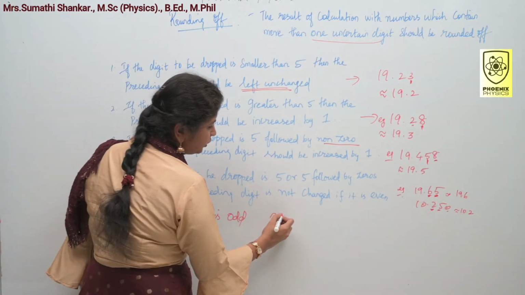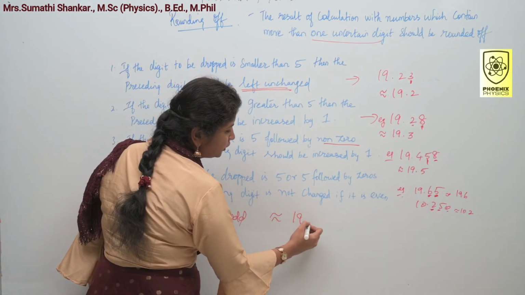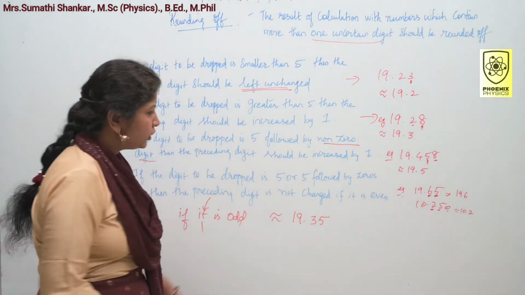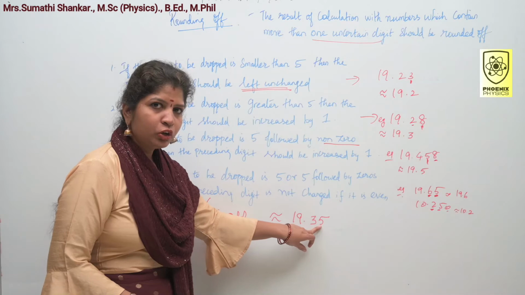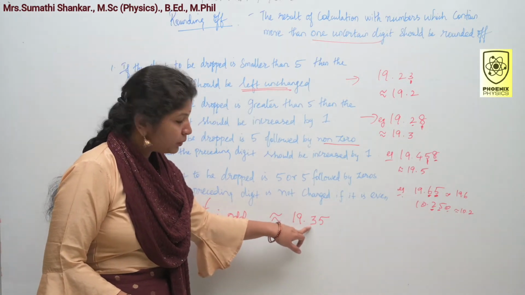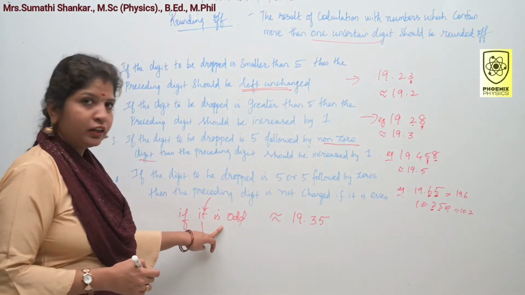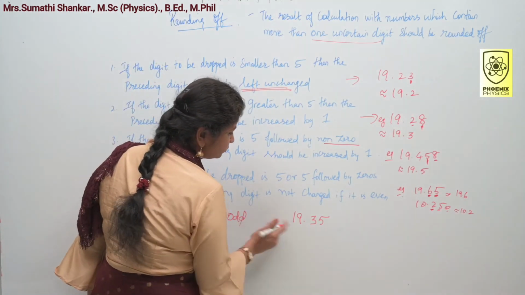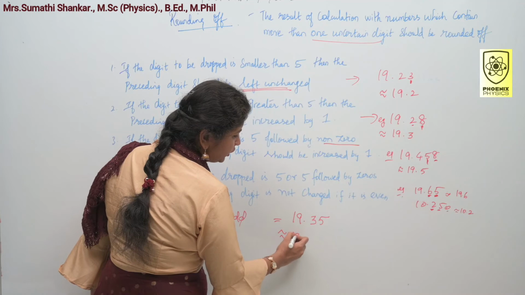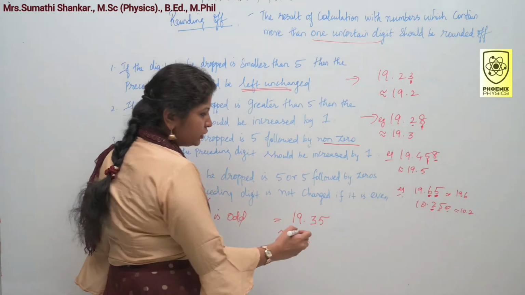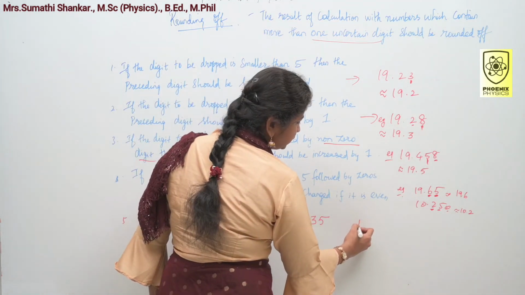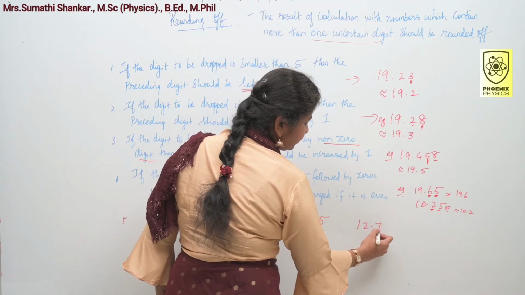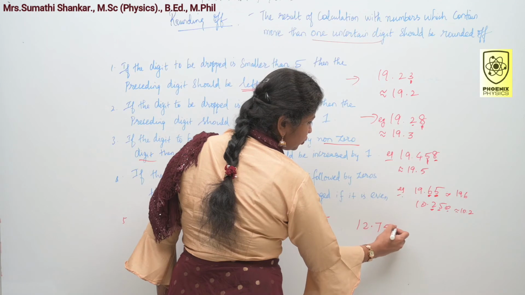For example, 19.35. So here the digit to be dropped is 5. Then the preceding digit, our condition is odd number. This is an odd number. So you can write it as 19.4. Look at the second example, 12.750.